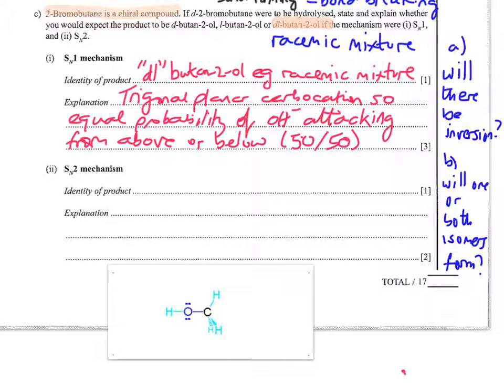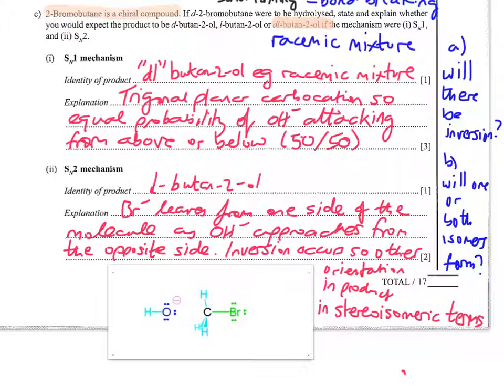If you invert D-2-bromobutane, when you substitute OH- onto it, you will get L-butan-2-ol. As Br leaves from one side, the OH- approaches from the other. Therefore inversion of the groups occurs, so the other orientation of the product in stereoisomeric terms. So it's L-butan-2-ol being made from D-2-bromobutane.